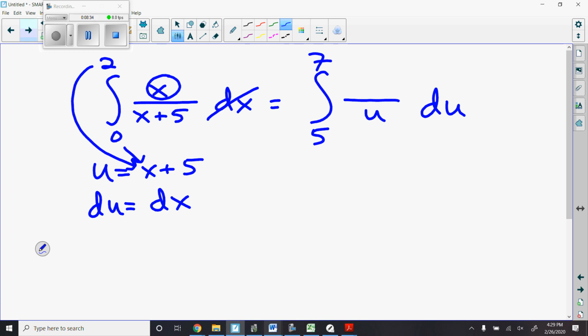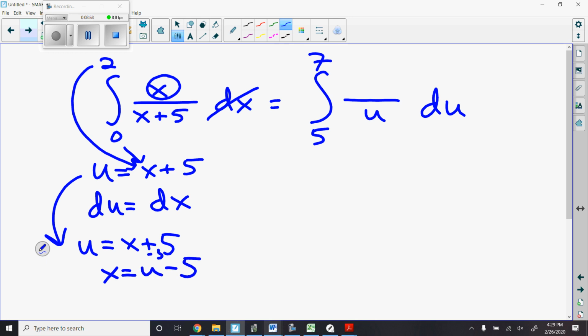Now, I can't just leave the top as x, because this thing has to be entirely made up of u. So what I'm going to do to replace that x on top is I'm actually going to adjust my u equation, right? So if u equals x plus 5, that means x equals u minus 5.